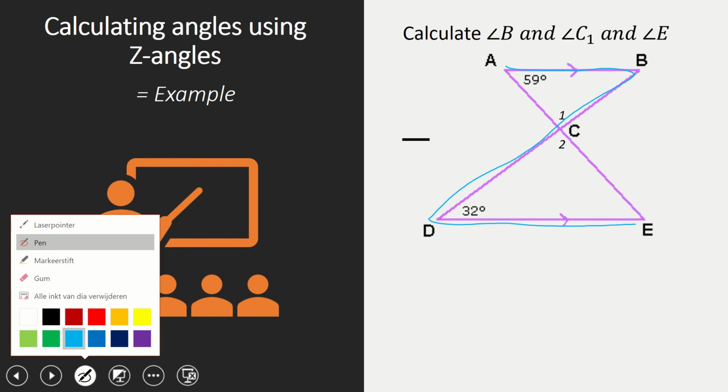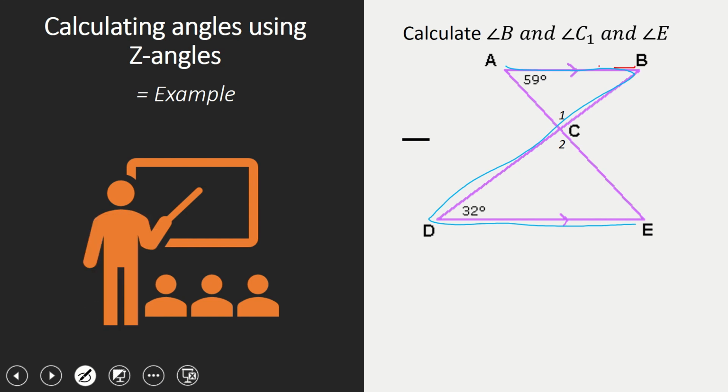And I can see a Z the other way around as well. So if we have a look, it means that this angle and this angle must be the same, and that this angle and that angle must be the same.